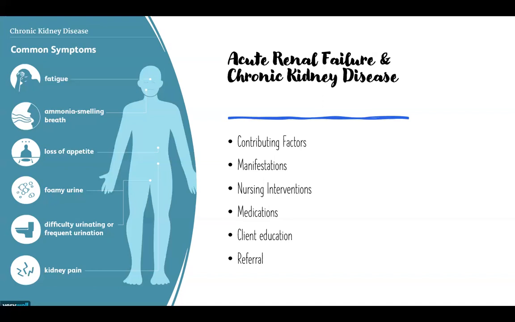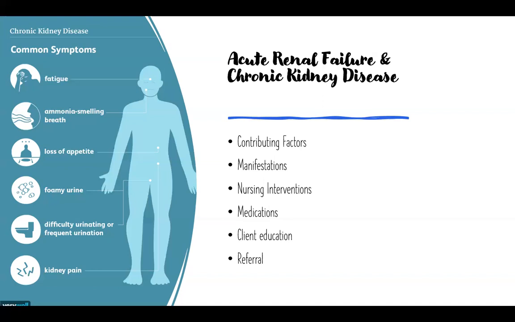The medications for your patient with acute renal failure can be phosphate binders to lower phosphorus while replacing calcium, because remember, phosphorus and calcium have an inverse relationship. If your calcium is high, your phosphorus is going to be low, and vice versa.